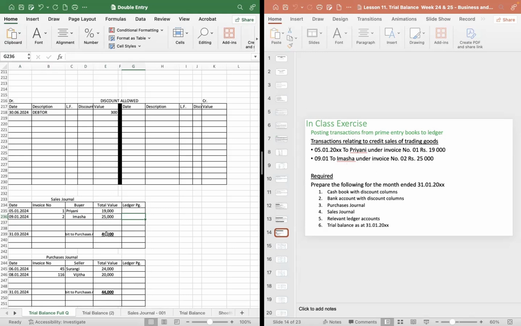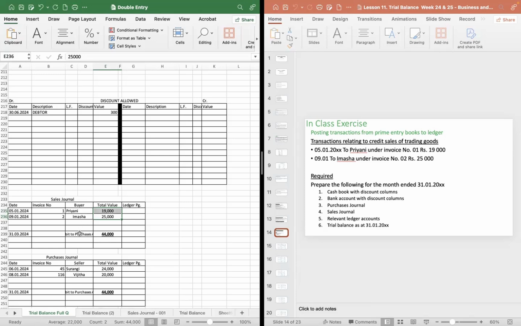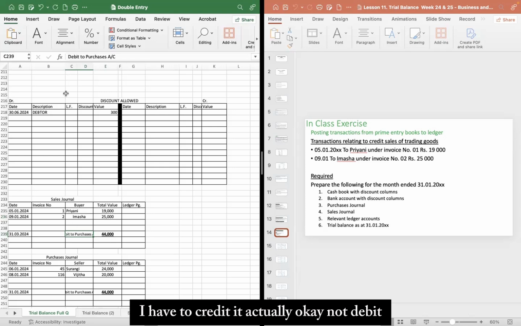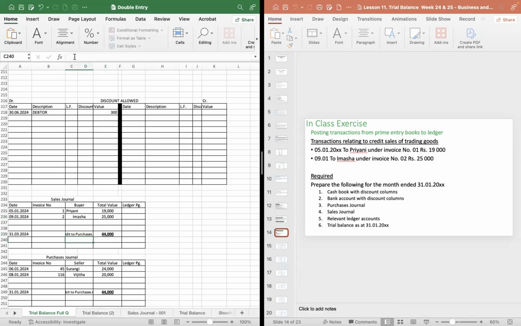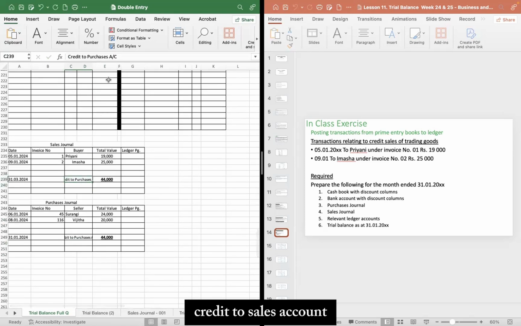So the total is 44,000. Okay, it's a sale, so I have to credit it actually. Not debit. Credit to sales account.